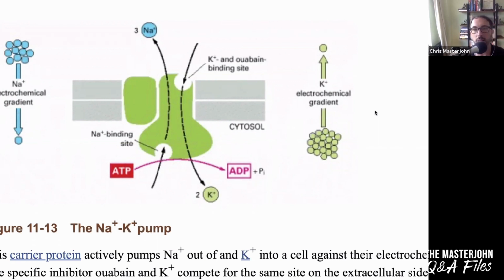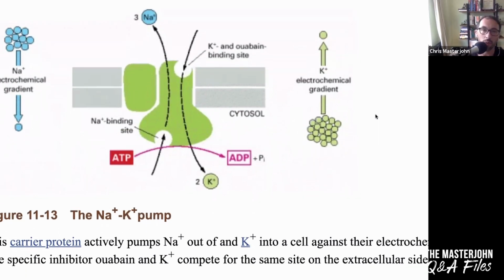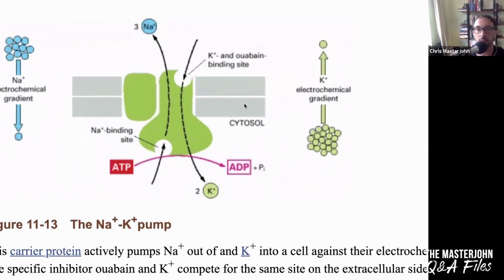That is exactly analogous to how this membrane functions. This membrane says, sodium, you ain't going anywhere. Potassium, you're going to stay put until I say so. And the thing that says so is the hydropower plant, which is the ATPase.